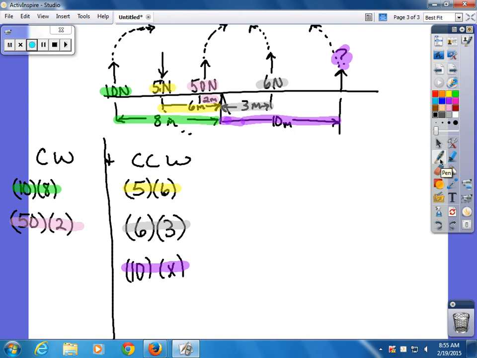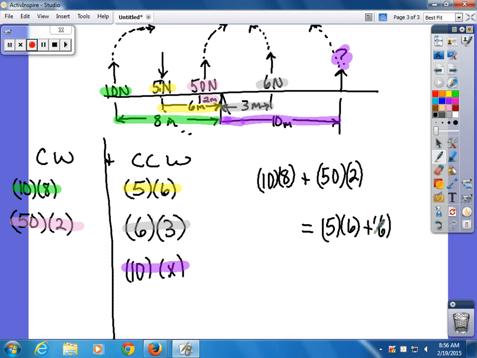So now you can set up the equation, and of course the fulcrum is the equal sign. So that's going to be 10 times 8 plus 50 times 2 is equal to 5 times 6 plus 6 times 3 plus 10 times x.